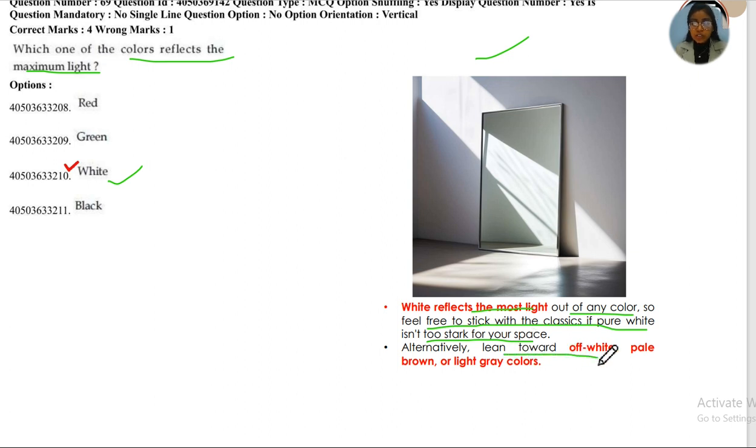Alternatively, lean towards off-white, pale brown or light gray colors. These light colors all reflect the maximum amount of light, so the room space doesn't seem to be very compact to you. It seems to be larger. So that's why we go for white, due to its nature of reflecting the maximum amount of light.